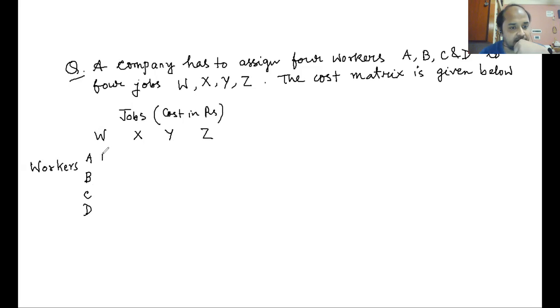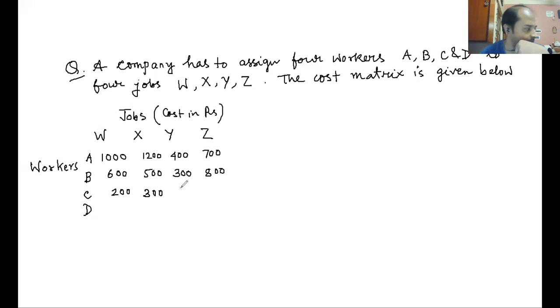And the cost matrix is given as 1,000, 1,200, 400, 700, 600, 500, 300, 800, 200, 300, 400, 500, and lastly 600, 700, 300, 1,000.